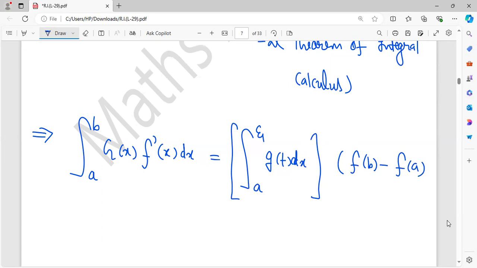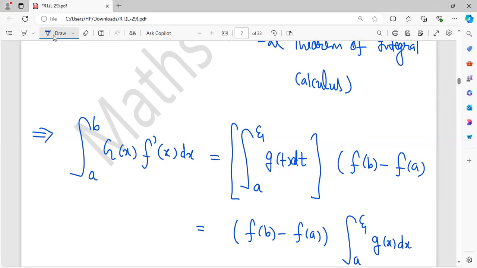In place of t, you can take x also. So you can write f b minus f a times integral a to xi g x dx.